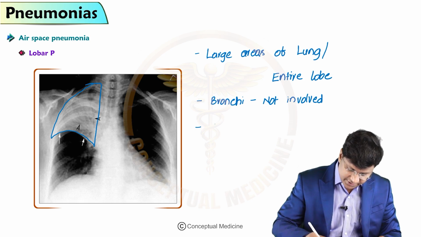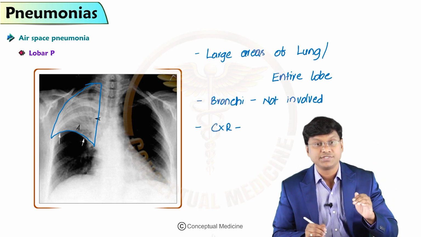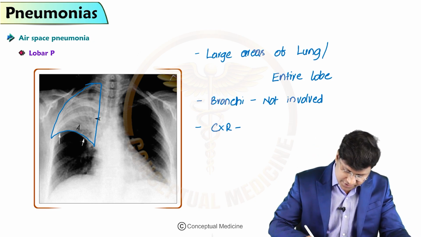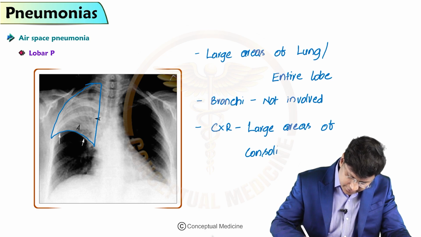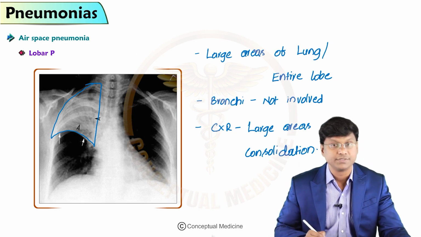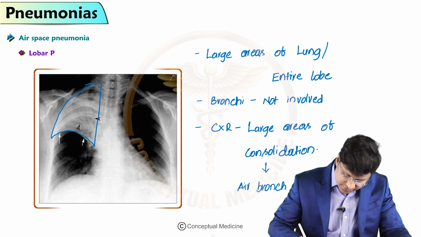And the chest x-ray will show you the presence of consolidation, large areas of consolidation. And in this consolidated lung, what will you observe? You will have the presence of air bronchograms. So what do you understand by this word air bronchograms?